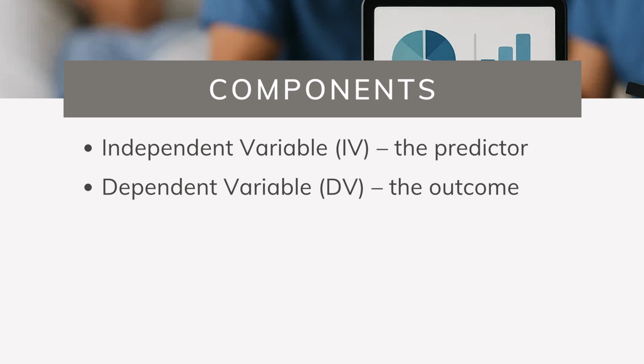Your goal is to determine if changes in academic stress levels lead to changes in academic performance. This variable should be measurable and clearly defined in your SOP and in your study tools.